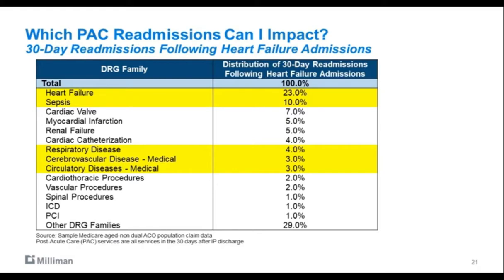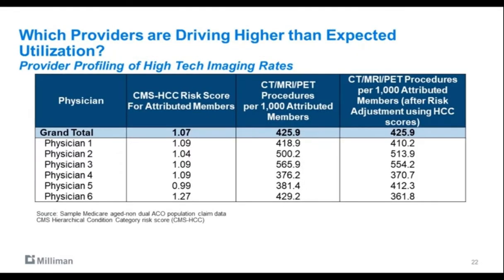So again, modeling what that opportunity is and what that's worth in terms of dollars. If you had a heart failure program, an inpatient post-acute care transition of care program that could really focus on that, based on the data, you might get some significant savings.